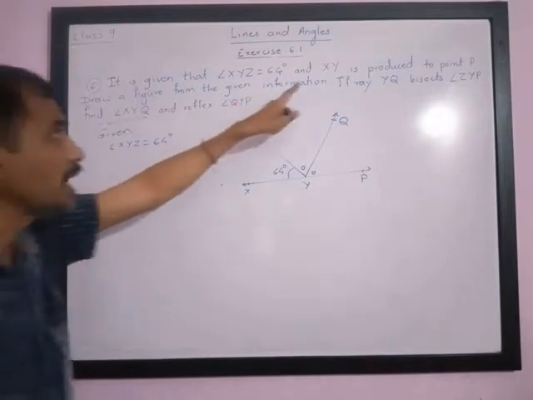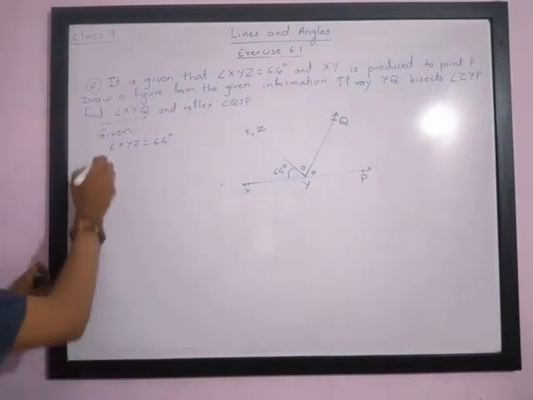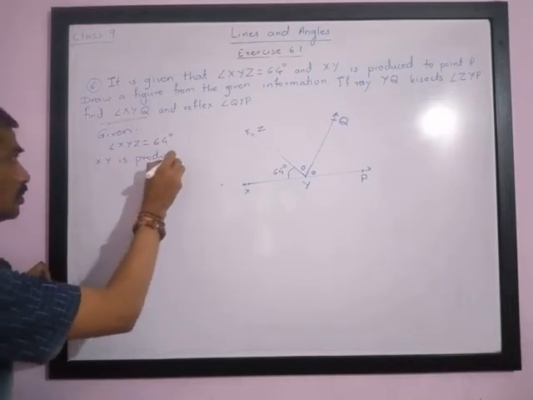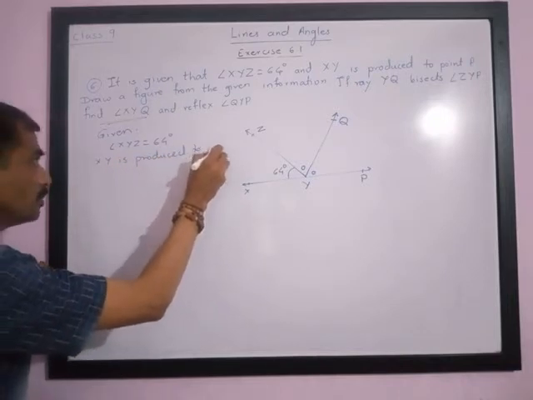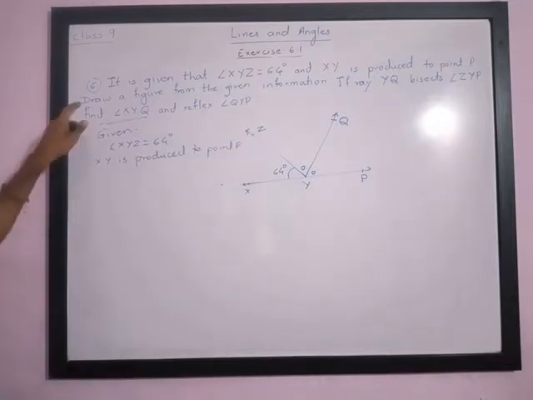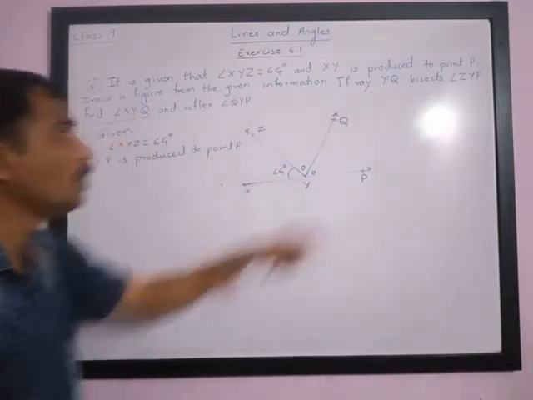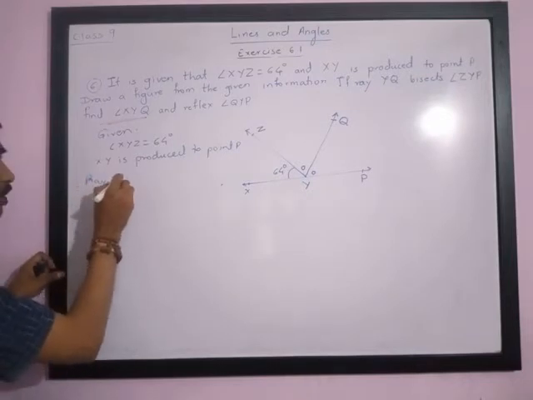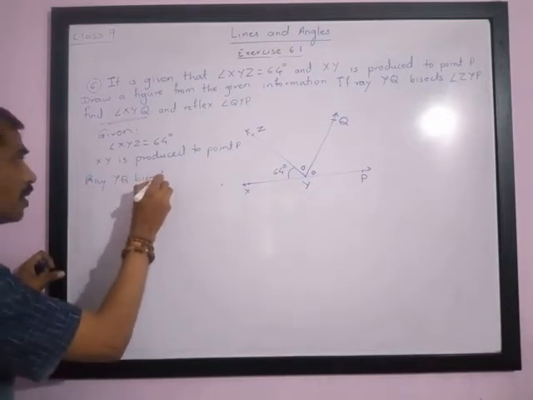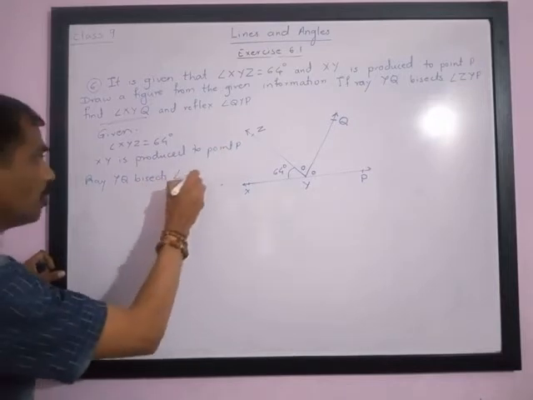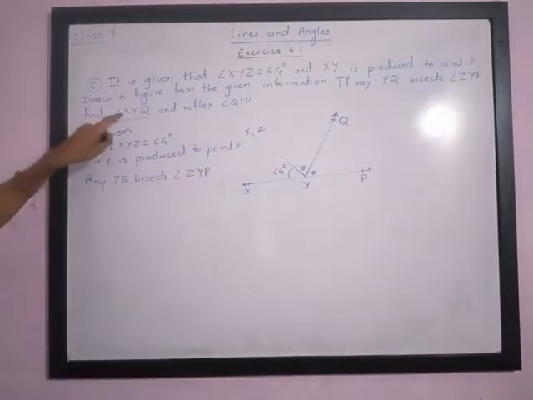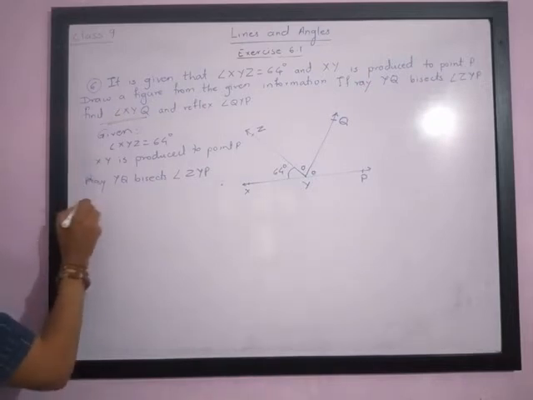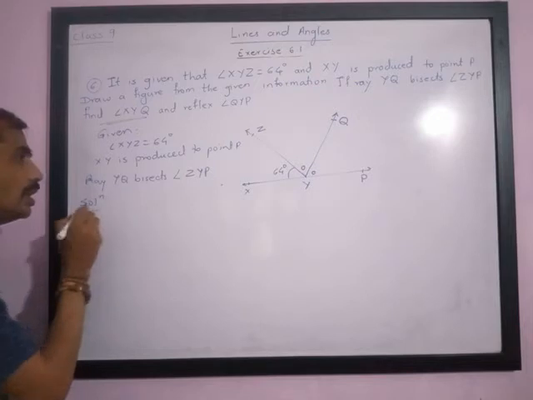Then we are given that XY is produced to point P. YQ bisects angle ZYP, and we are asked to find XYQ. So for this solution, let us start.